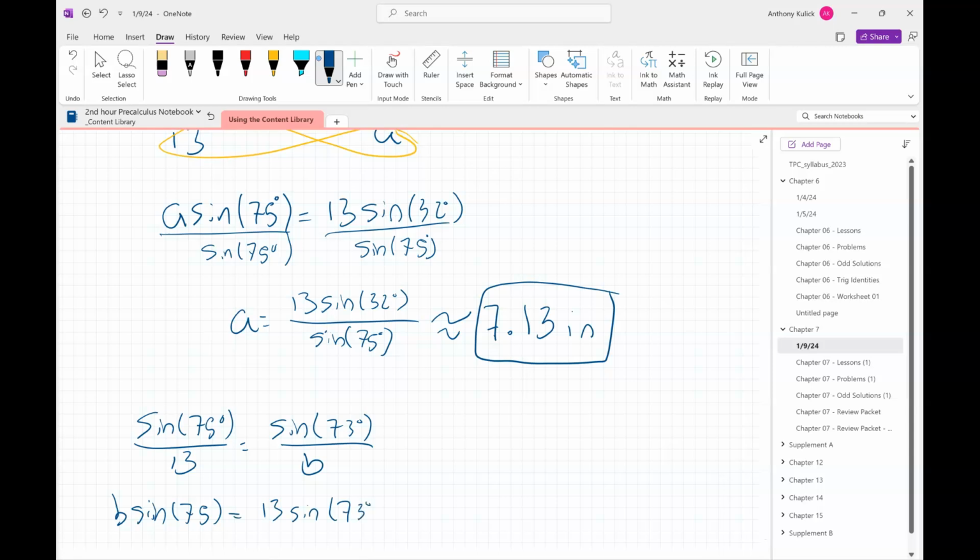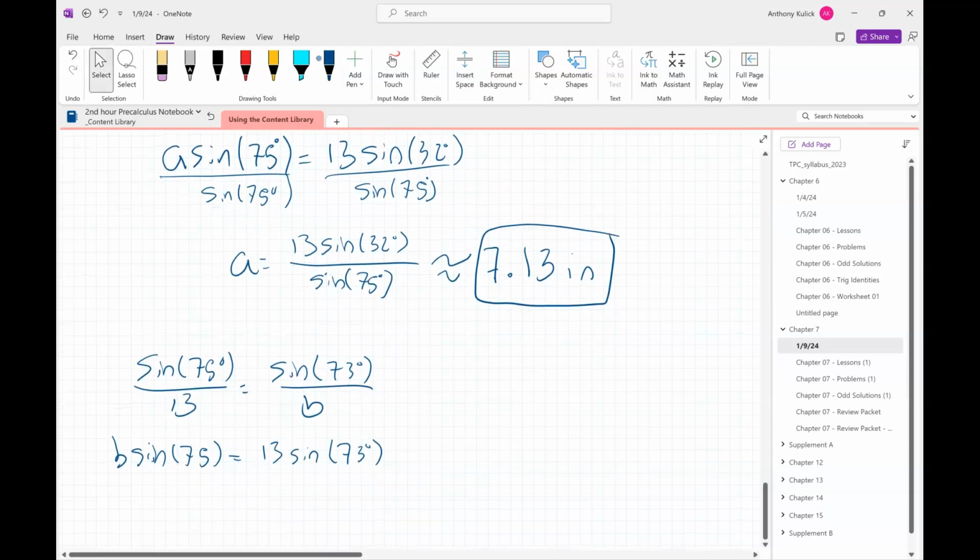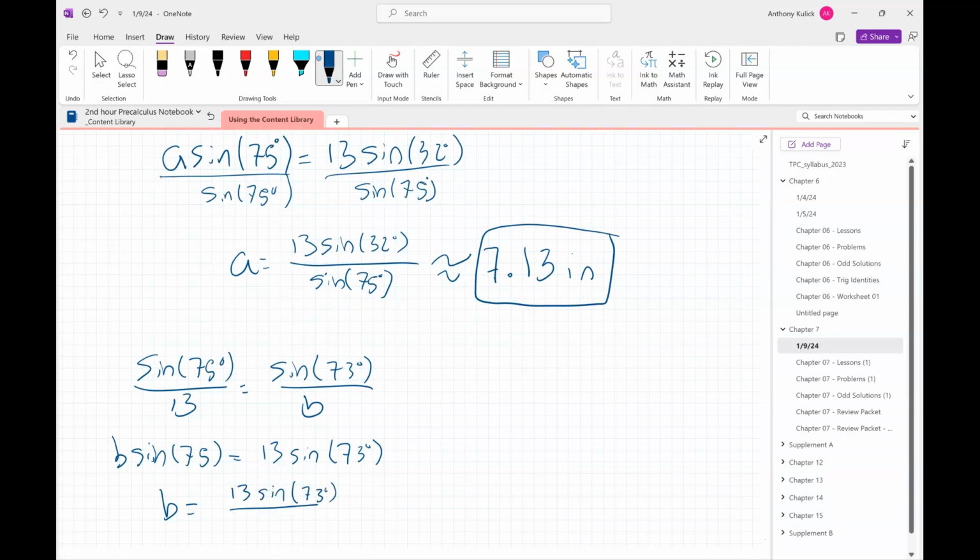Yes. Do you use sine 32 over sine 45? So that's a great question. Joey asked, instead of using sine 75 over 13, could I use sine 32 over 7.13? The answer is yes.